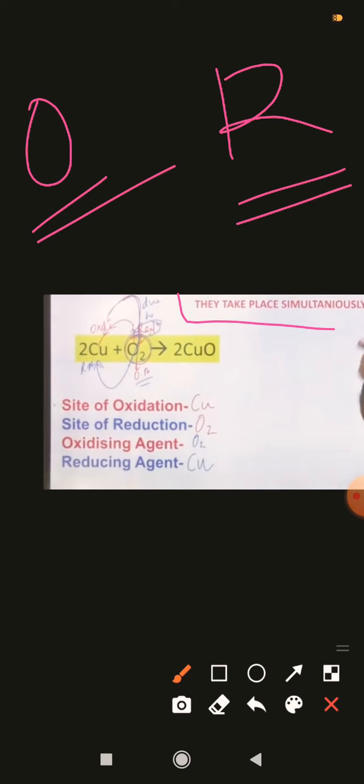If oxygen is removed, it is known as reduction, but if oxygen is added, it is known as oxidation. So in a reaction, when oxygen is removed from one thing, it is automatically added to another thing. In a reaction oxidation and reduction both take place, so we call it a redox reaction. I hope you understood and the concept is clear.